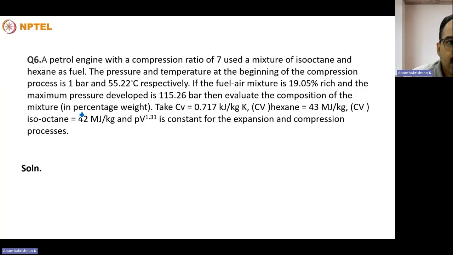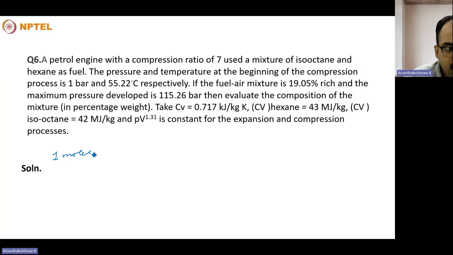So isooctane, its formula is C8H18. And hexane formula is C6H14.